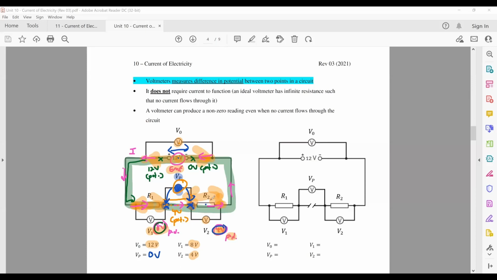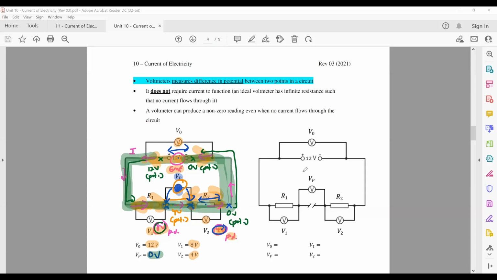You have a difference in potential of 4 volts across here. 4 volts minus 4 gives you 0. So you're going to get 0 volts potential here, and then it will be constant all the way to here. So now you see there's some contradictions here. There's current flow, but your voltmeter reading is 0.